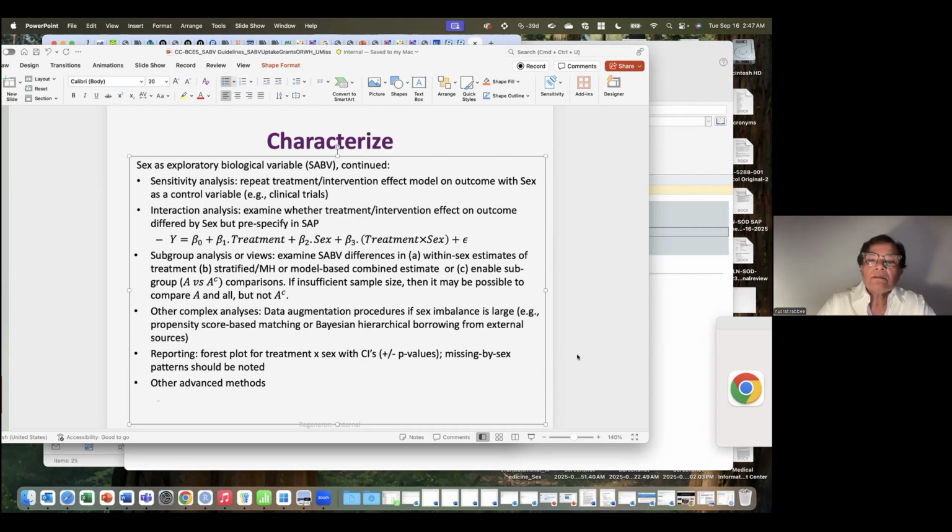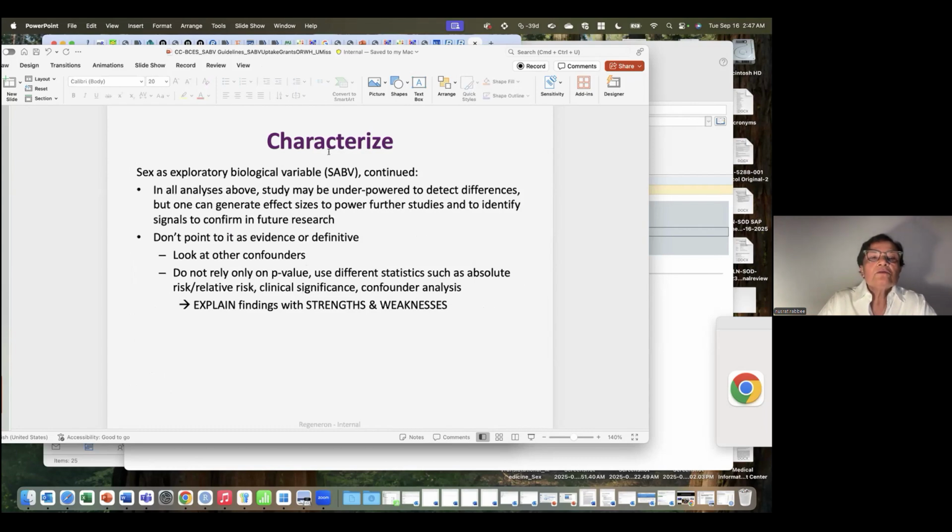So now we're going to characterize in all analyses above, the study is most likely going to be underpowered to detect differences and make a real inference on sex.